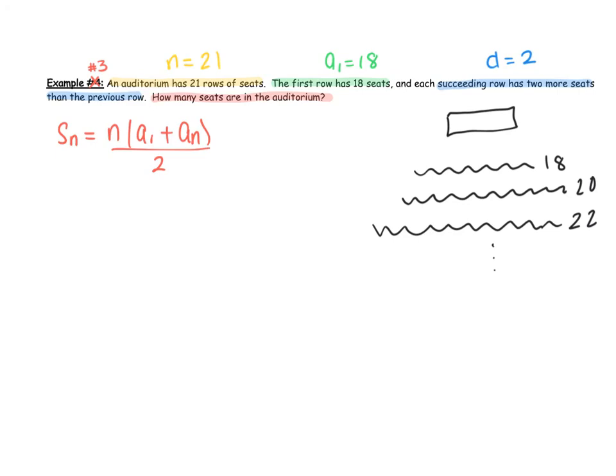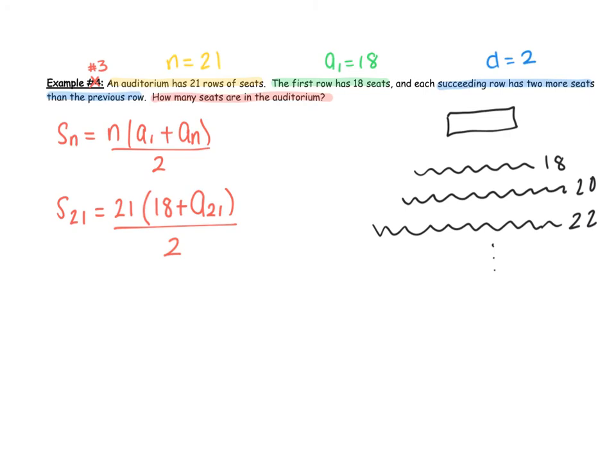So if I want to find the sum, S sub 21, of the first 21 rows, my first term is 18, and I don't know what my last term is. So I know that n is 21 because there's 21 rows of seats. So we need to use n over here. So I need to find a sub 21. And once I do that, I will have enough information to plug into the formula.